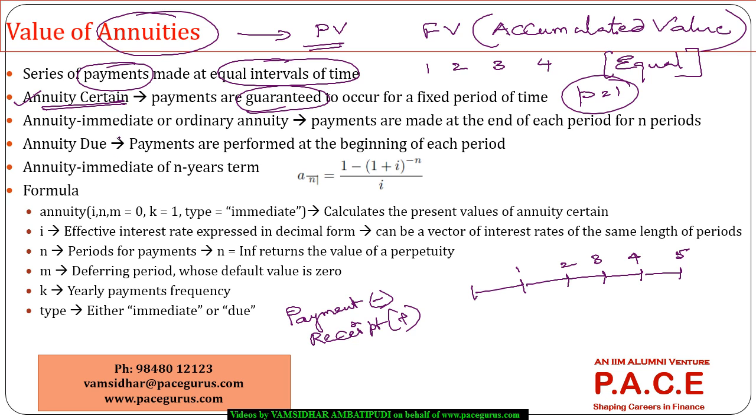Then another couple of words that are important in this context: annuity immediate or ordinary annuity. We are talking about regular annuity. There are different words for it. There are so many words for it, right?